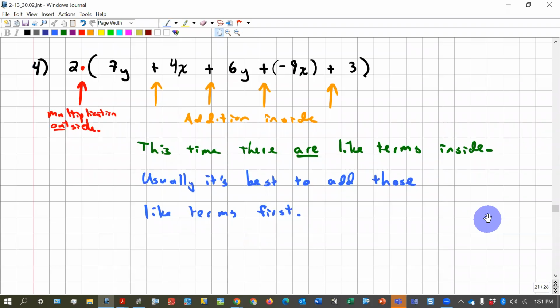Sometimes you have lots of addition, lots of terms inside, and some of them are like terms. You could distribute first, but usually it's best to follow the order of operations when you can. So the order of operations says work inside parentheses first. We have a bunch of addition inside the parentheses, 5 terms being added, but we do have like terms.